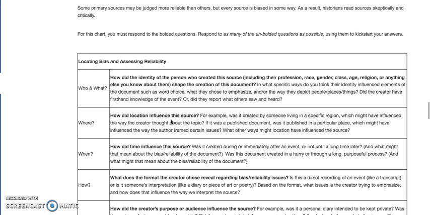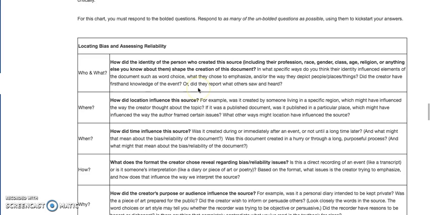Just keep all of those things in mind, and when you're answering these questions about a specific source, answer literally every single one of these questions that you possibly can. Even if you're making inferences, just make it clear that that's what you're doing and say, it's probably true that they depicted things in X, Y, or Z way because of whatever you know about them.